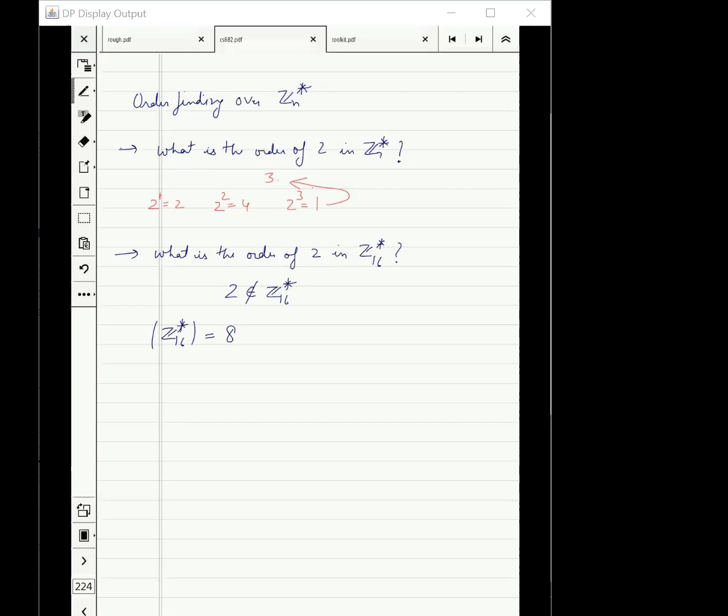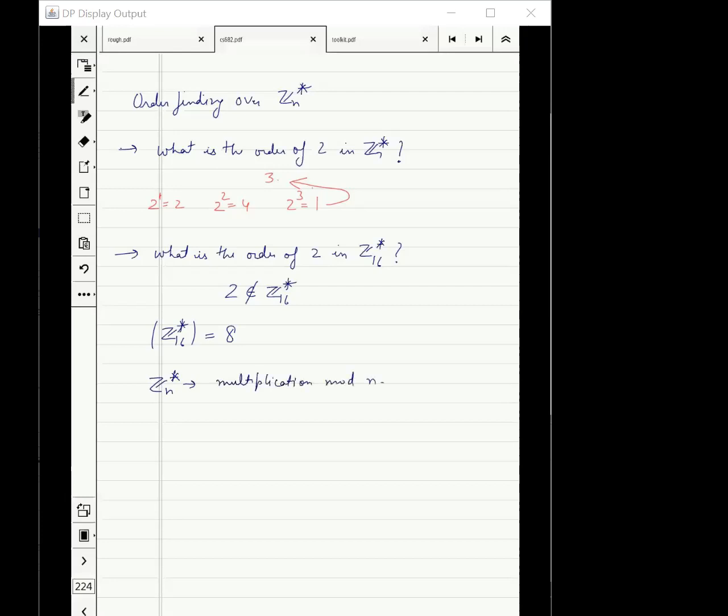Okay, this should give you some idea about what this Zn star is. Just remember, we are multiplying numbers in this group. The group operation is multiplication, and this multiplication is done mod n. Right.